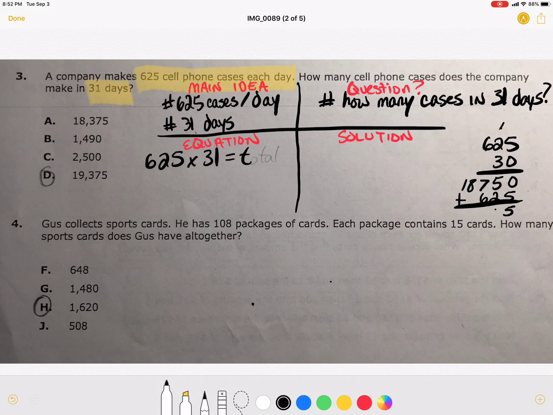So that's 5, 7. 6 plus 6 is 12, plus another one because it's 7 is 13. That comes to 9. Carry down the 1. 19,375.